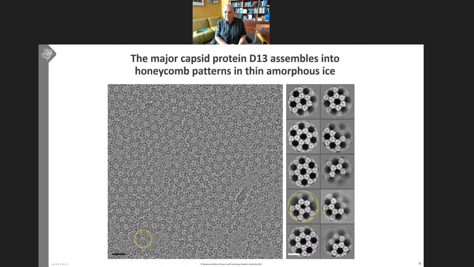So it's quite thin, and of course these particles cannot remain spherical, so they flatten into a plane, and then you have these breakages in between. They are not connected anymore everywhere because they want to form a sphere. But nevertheless, you can still see the honeycomb arrangements of the D13 trimer protein.